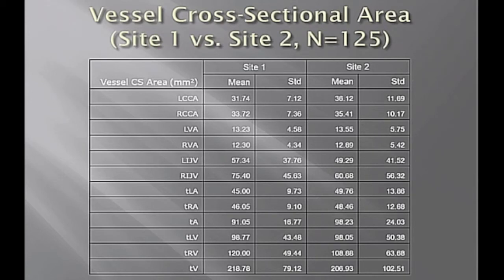So rather than quoting it as stenosis, we can just simply say if the area is less than 25 millimeters squared in the lower C6, C7 area, we'll call it stenotic. If it's less than 12.5 up at C1, C2, we'll call it stenotic. Why? Because the average size of the vessel in that area is much smaller than it is down around C7, T1.